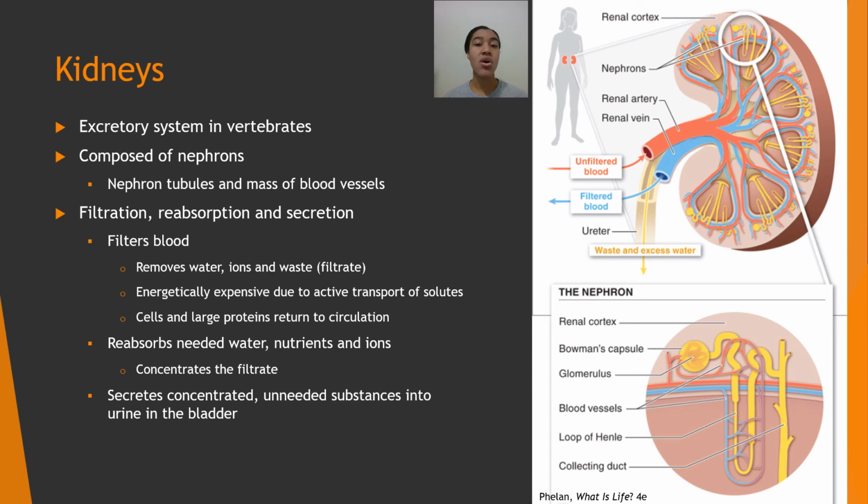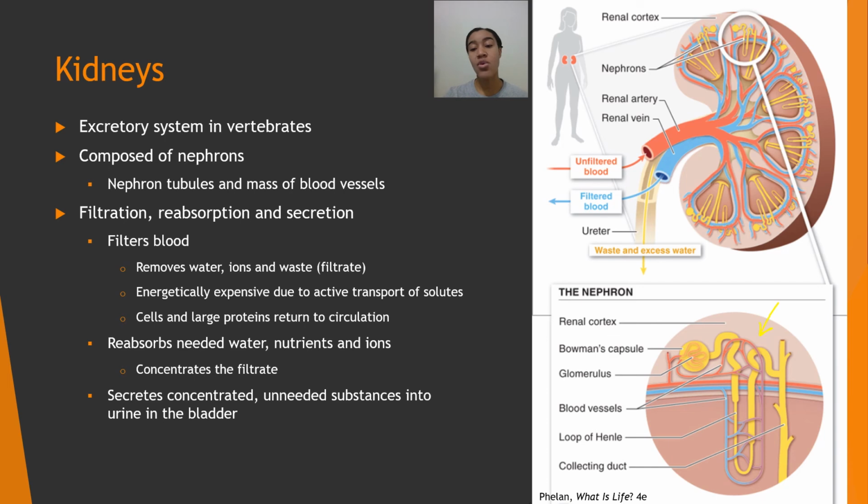Vertebrates use organs called kidneys in order to undergo osmoregulation and also to filter waste from the blood like nitrogenous waste. And the excretory system in vertebrates is far more complicated than what we saw in the invertebrates when they used Malpighian tubules. And so looking at the kidneys, there are a couple of different major components. So we have our nephrons, which are responsible for doing the actual filtering.